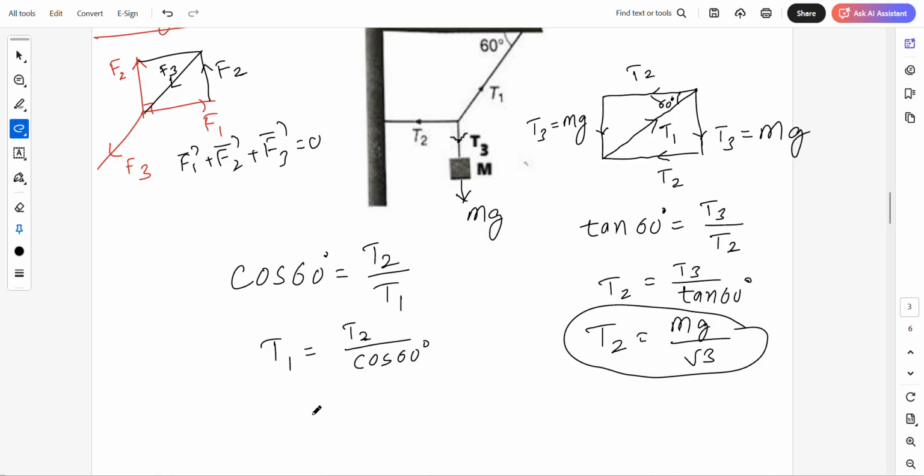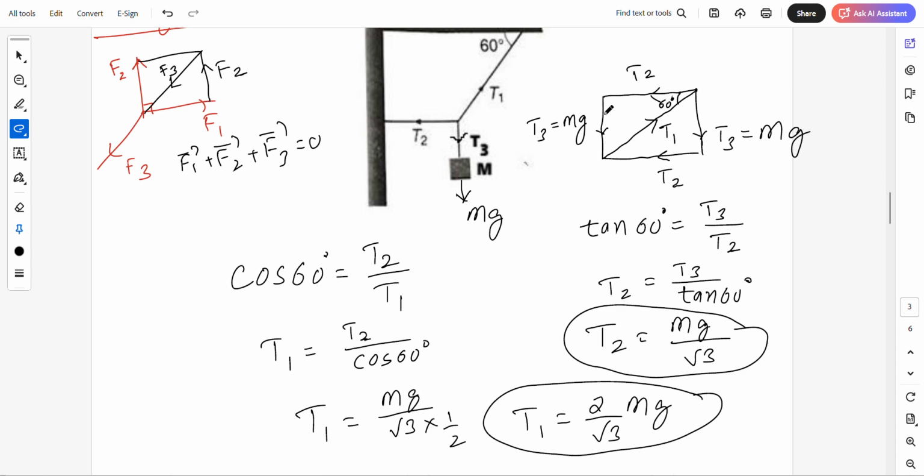T1 is equal to, already you know, T2 is mg by root 3. Cos of 60 is 1 by 2. That is T1 is equal to 2 by root 3 into mg.